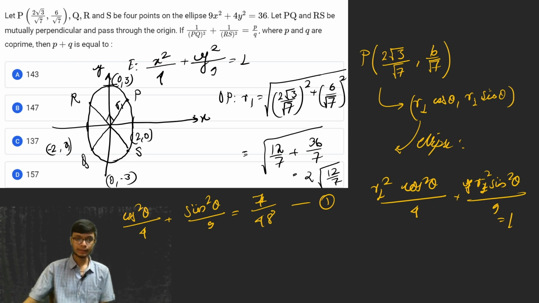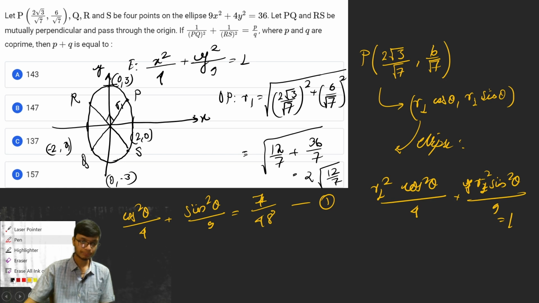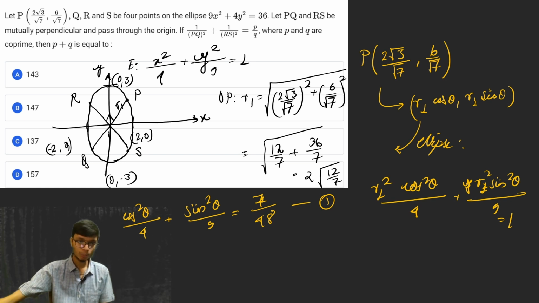Now similarly, we already know that OP and OR are perpendicular to each other. That means this radial distance must be of this particular format.